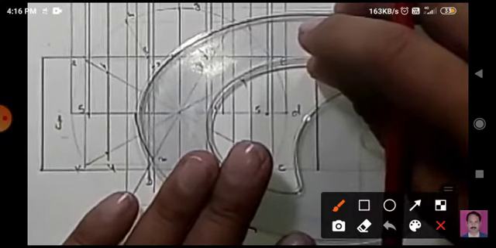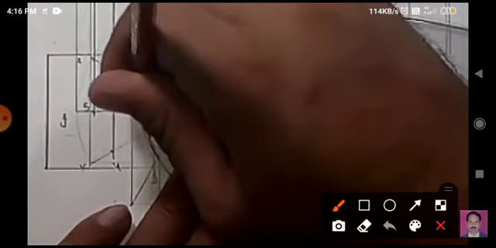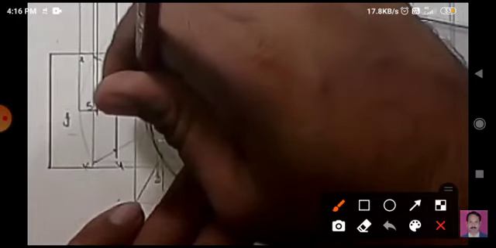This is the symmetric portion, that's why you have to use the same portion of the French curve for drawing upward and downward points.